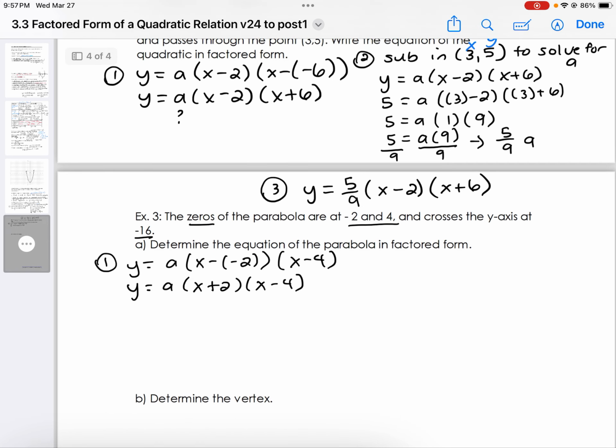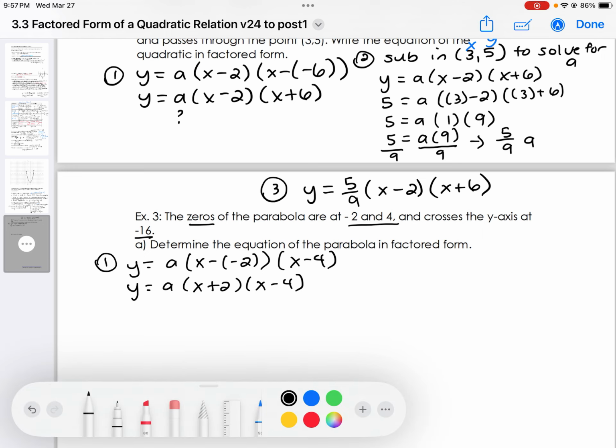The problem with being given the x-intercept as the point, or the y-intercept as the point, you do have to remember crossing the y-axis or the y-intercept means that that's the y value and the x value is 0. But if you do remember that, then using the point 0 and -16 actually makes the math a little bit easier.